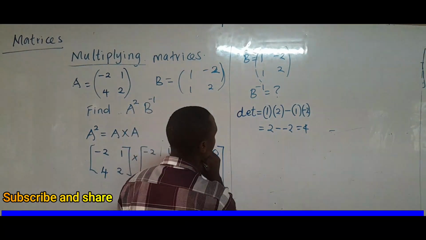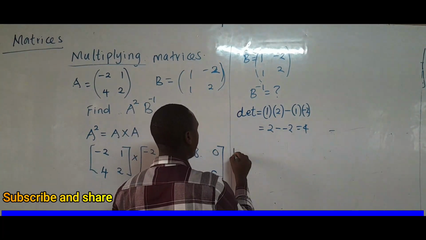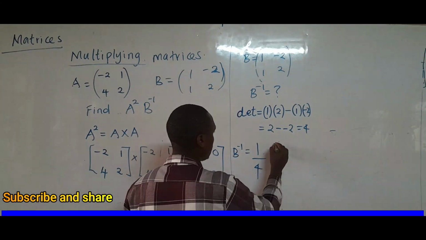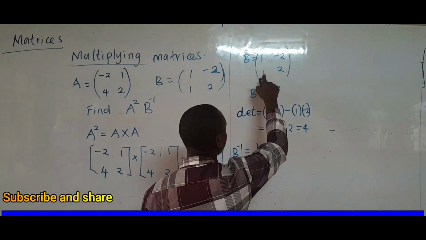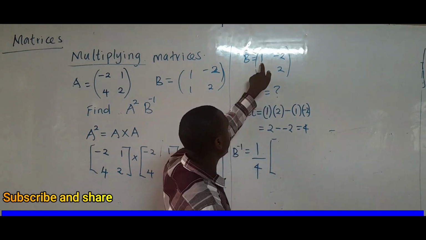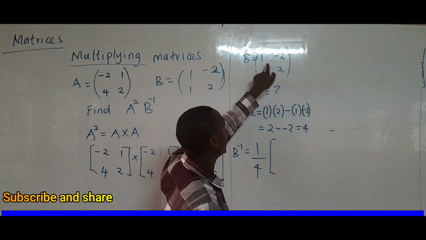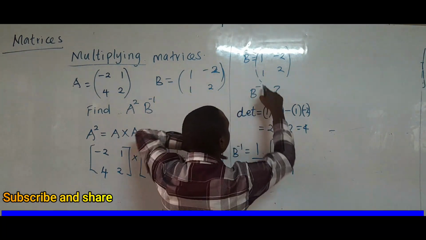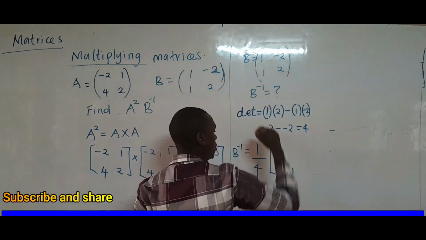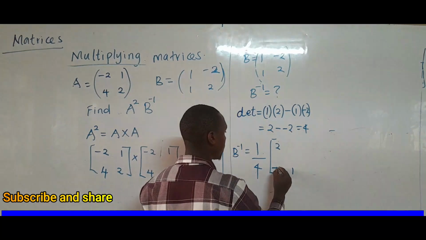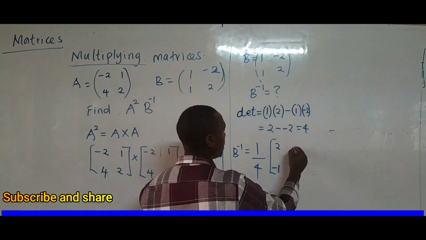So B inverse is going to be 1 over the determinant. We multiply that by our matrix, but the matrix will be written in such a way that for the leading diagonal, we interchange the elements. That is going to be 2, and this is going to be 1 here, and then for the secondary diagonal, we change the signs. 1 is going to become -1, and -2 is going to be 2.